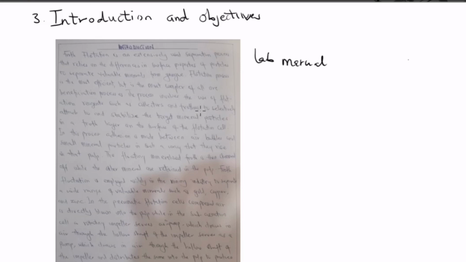So you could paraphrase it using Quillbot, or you can generate your own introduction using powerful tools online like Google Scholar, Chat GPT, and Quillbot, which will help you paraphrase the introduction from the lab manual.